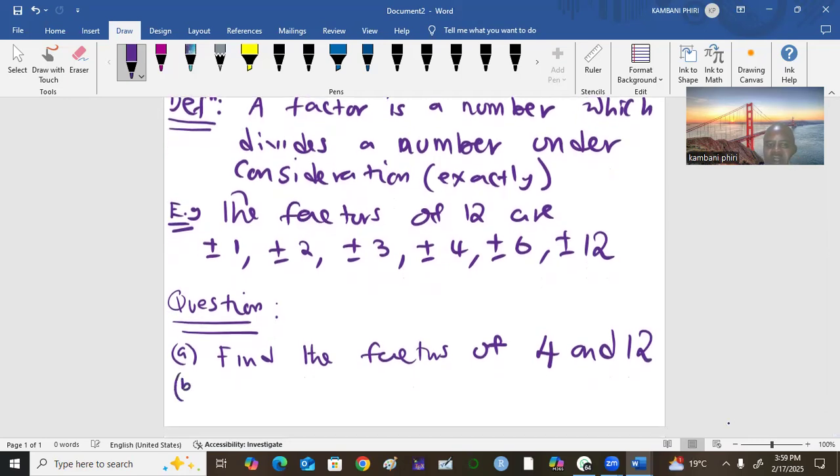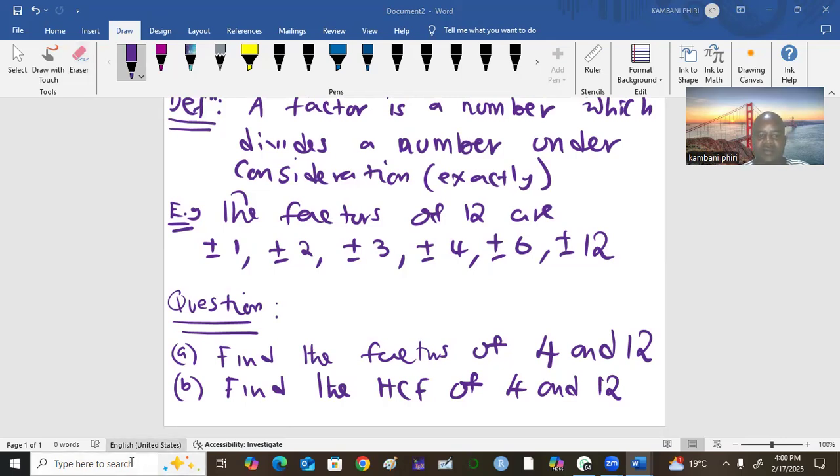Then B, find the HCF of 4 and 12. What would be our solution?